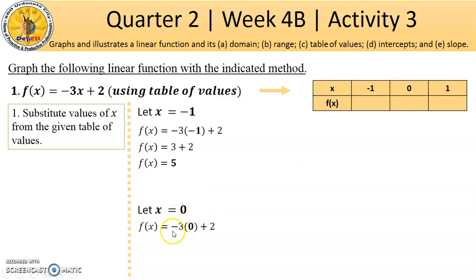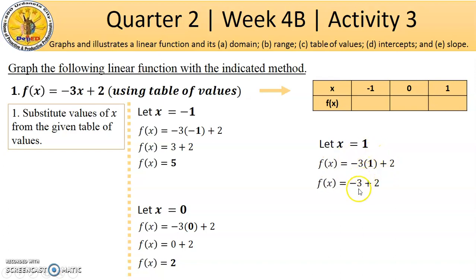Now, we have -3 times 0 plus 2. Simplify: 0 plus 2 is equal to 2. Next, the last value for x, x is equal to 1. Substituting x by 1, we have f(x) = -3 times 1 plus 2. Simplifying, we have -3 plus 2, which is -1.